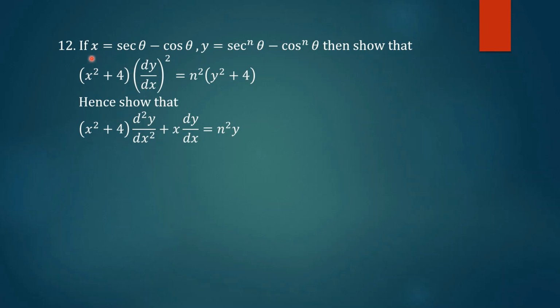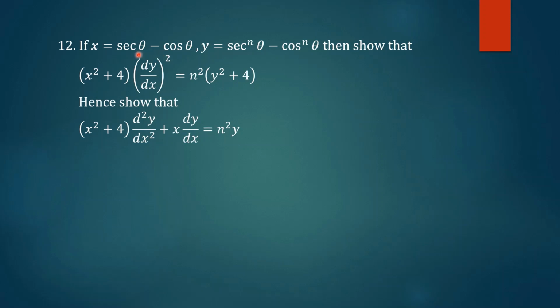You see here, x is equal to the function given here, sec theta minus cos theta, y is equal to sec power n theta minus cos power n theta. These two functions, sec and cos, one is the reciprocal of the other.